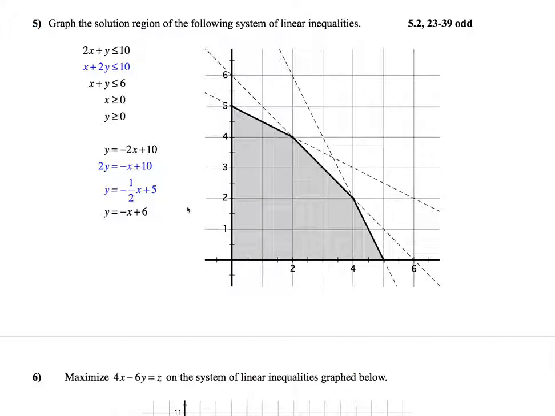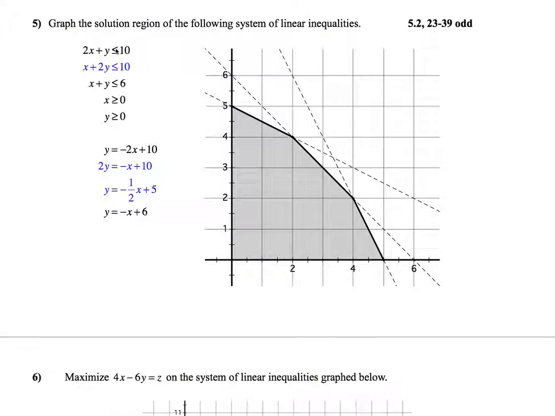And then for the last one, you can again use the y-intercept, because when you subtract x from both sides, the y-intercept is shown to be 6. And the slope is -1, so you'd go down 1, over 1, as many times as you needed to find a point that's convenient for you to draw that line.